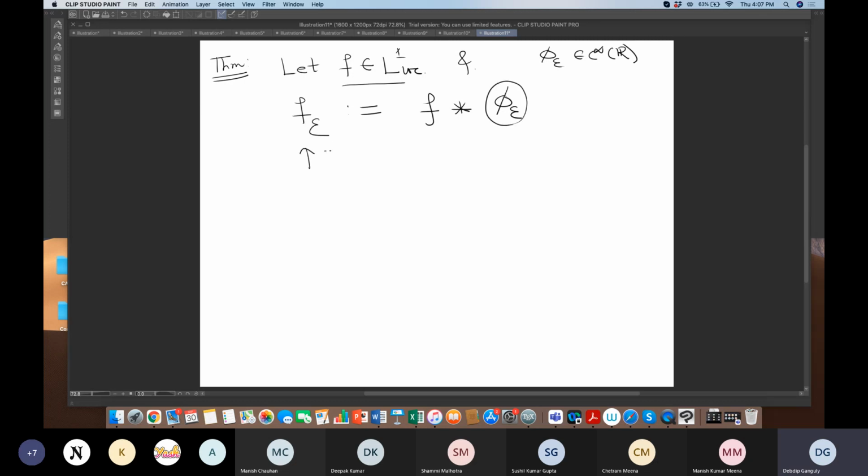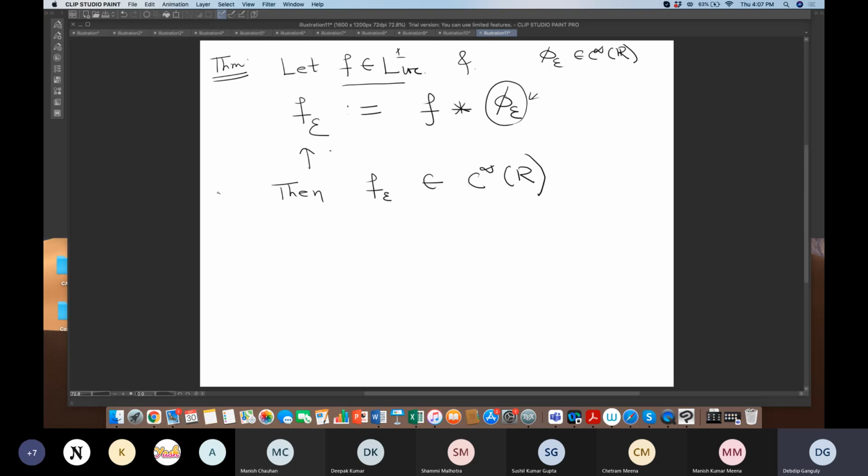So what do we expect for f epsilon? First, f epsilon is C infinity in R. It is a very smooth function once we convolve with a modifier.